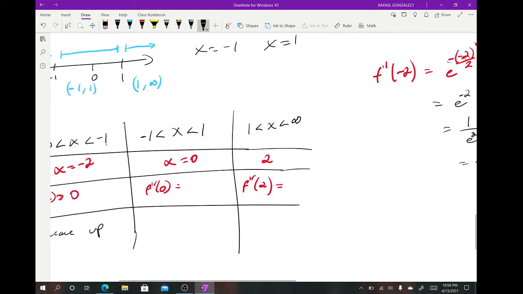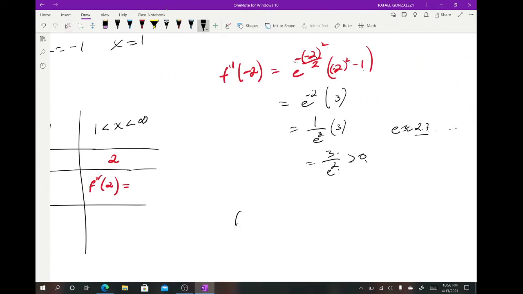How about the second one? Well, for the second one, we have f double prime of 0 is equal to e to the minus 0 squared over 2 times 0 squared minus 1.